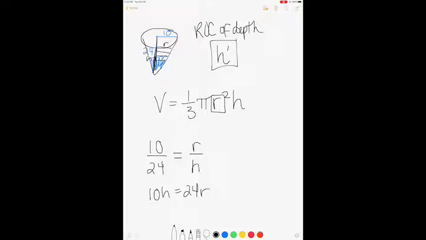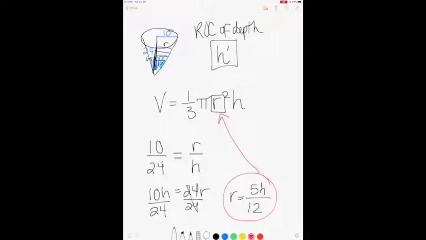Well, what variable are you trying to get rid of? You're trying to get rid of R, so we're going to solve for R. And then that means that R is equal to 5H over 12. So I'm now going to take this value and substitute it in for R.